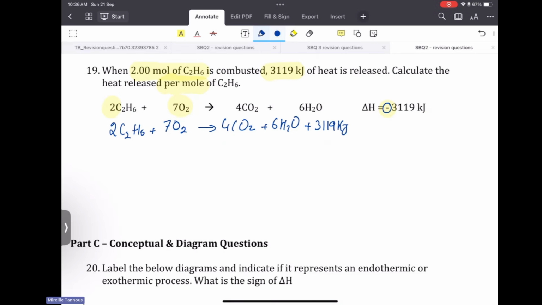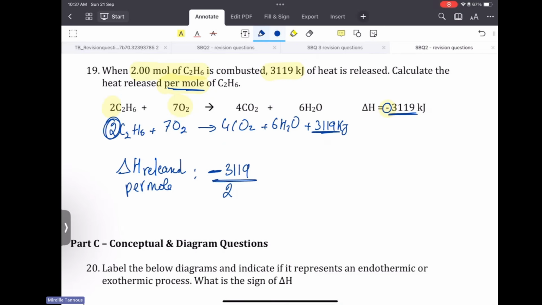So the answer would be the delta H released per mole is 3,119, or if you took it from here, don't forget the negative, divided by 2.